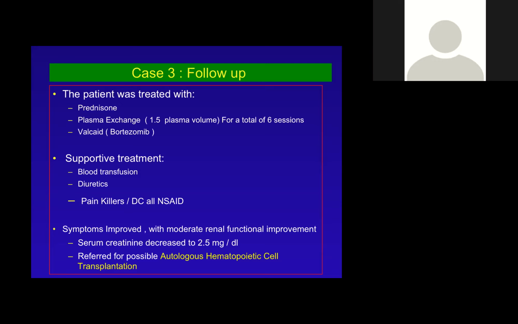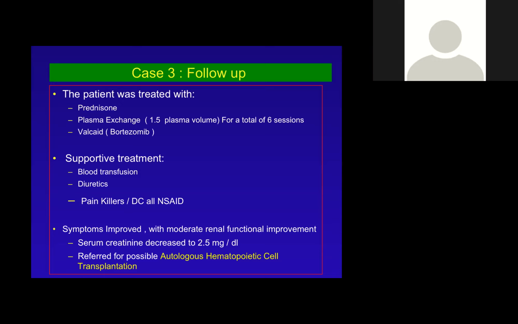Regarding plasma exchange, it's still mentioned for acute myeloma cast nephropathy when the burden of the protein on the tubules is very high. That's true. When there is an acute myeloma cast nephropathy, plasma exchange is mentioned just to lower the burden of these abnormal proteins on the tubules.